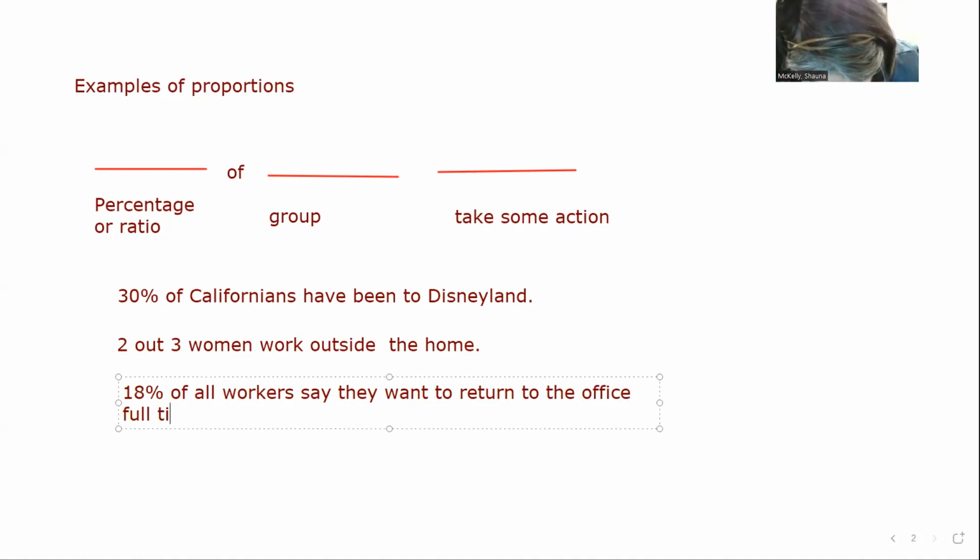I have no idea if these are true or not, but these are examples of proportions, and that's how you create it. A percentage or ratio of some group doing something. That's how proportions are constructed.